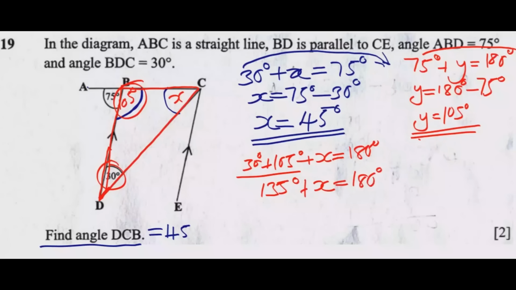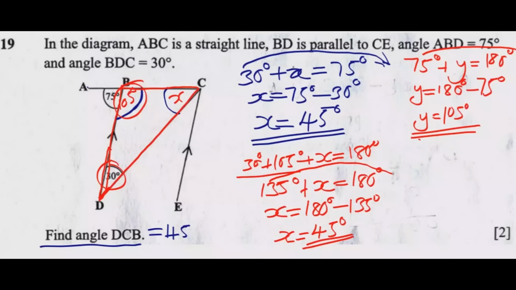Then we put like terms together, so we have x is equal to 180 degrees minus 135 degrees, because 135 crosses the equal sign and becomes negative. Then x is equal to 180 degrees minus 135 degrees, which gives us 45 degrees. Therefore, the value of x there is 45 degrees.